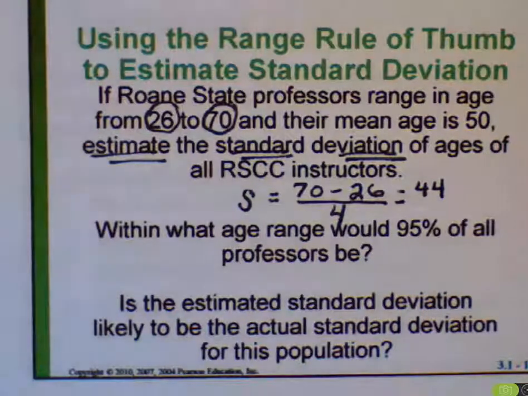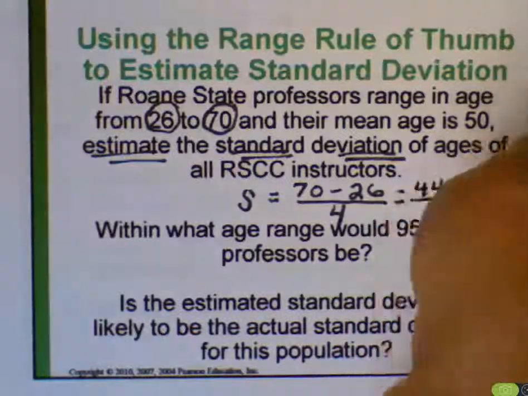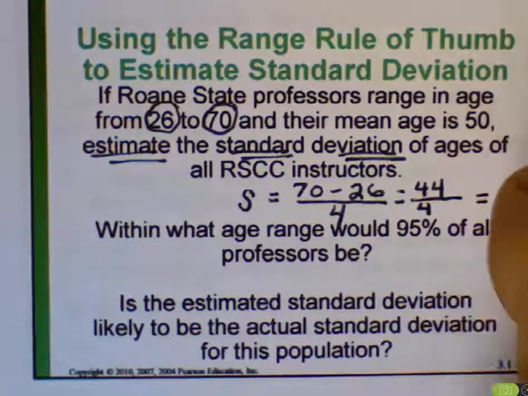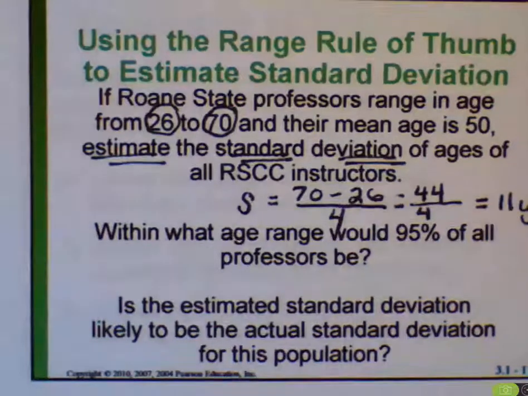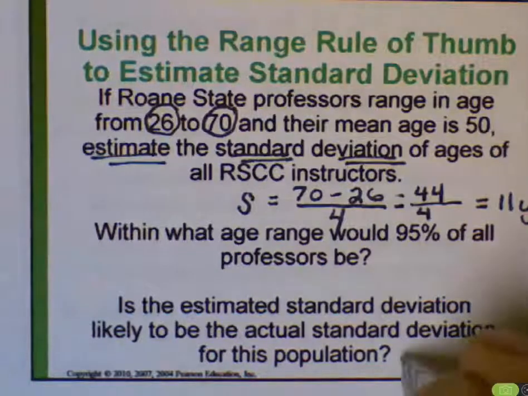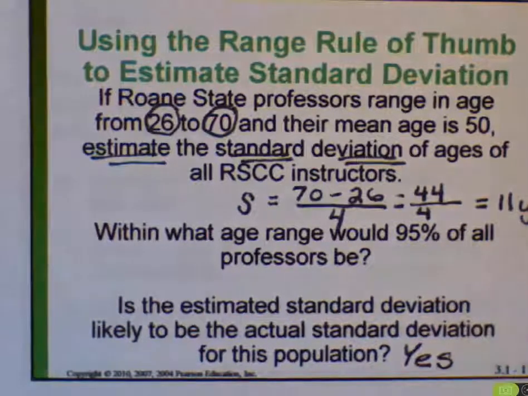There's a 44-year age range of Rhone State professors. Divide that by 4, and you get that an estimate of the standard deviation for Rhone State professors' ages is 11 years. That is not likely to be accurate. It's just the best we can do with the information that we were given.